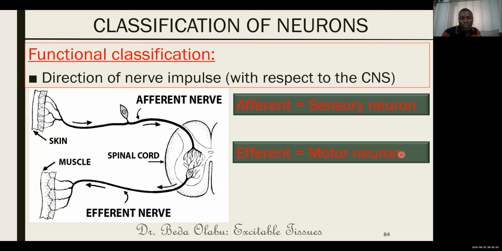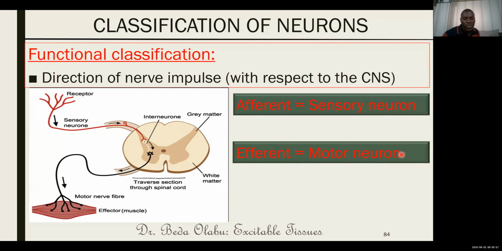The third example would be a neuron that joins 2 or more neurons within the central nervous system. It doesn't have to be part of a reflex arc like this one. As long as you have 2 neurons within the CNS, could be even this one and another one here, being connected by a neuron, you call such a neuron an interneuron.